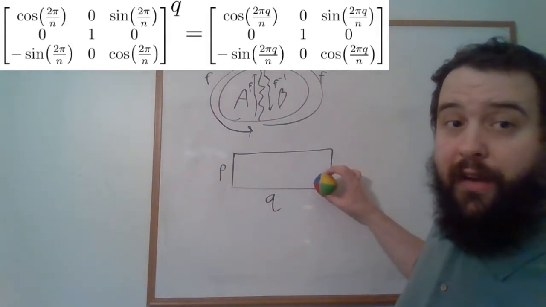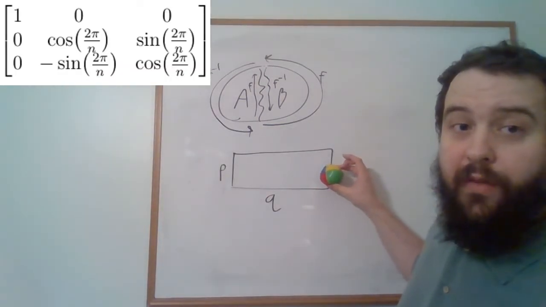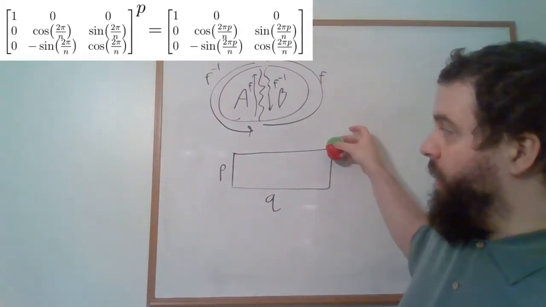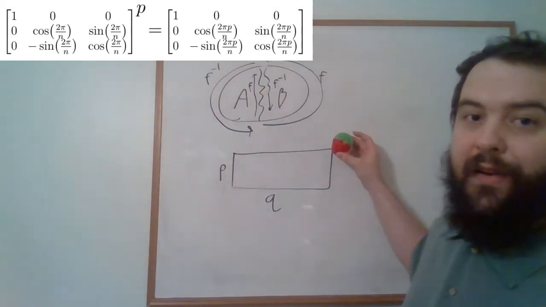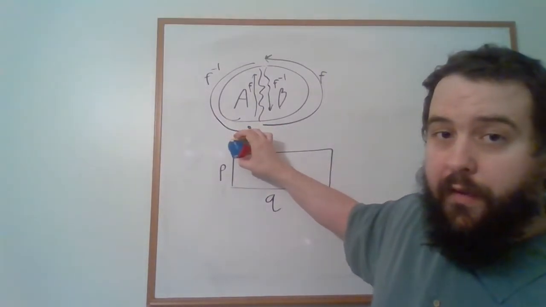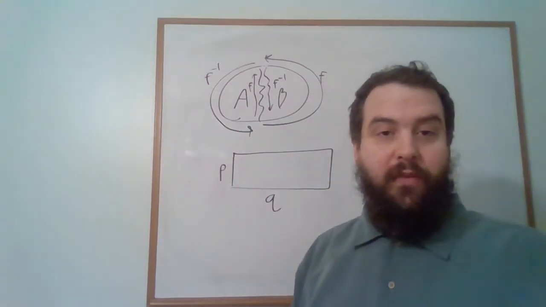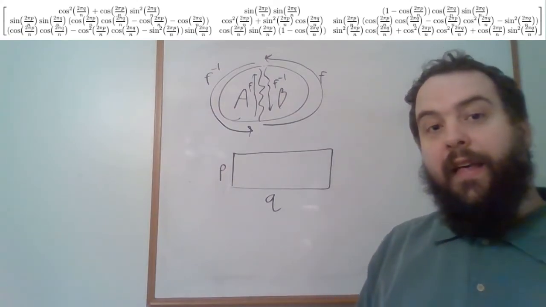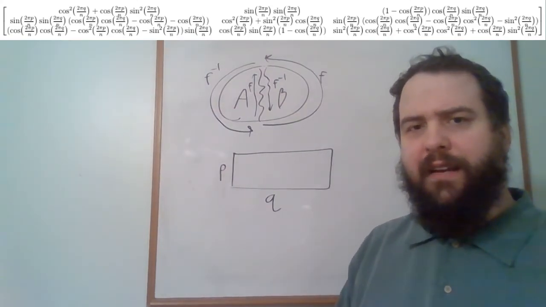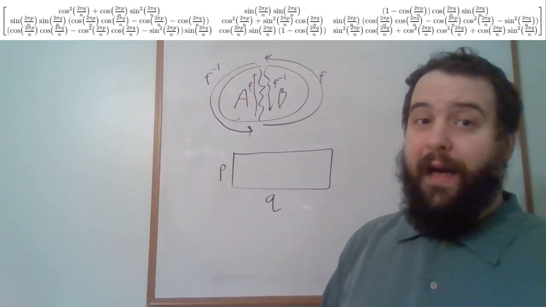We can work out the rotation matrix for rotating it up 1 unit, and therefore the rotation matrix for rotating it up p units. And then we can figure out the rotation matrix for rotating the sphere to the left q units, and then down p units. And we can multiply these matrices together, and we can see that the product of these is not going to be the identity matrix unless either p or q is divisible by n.